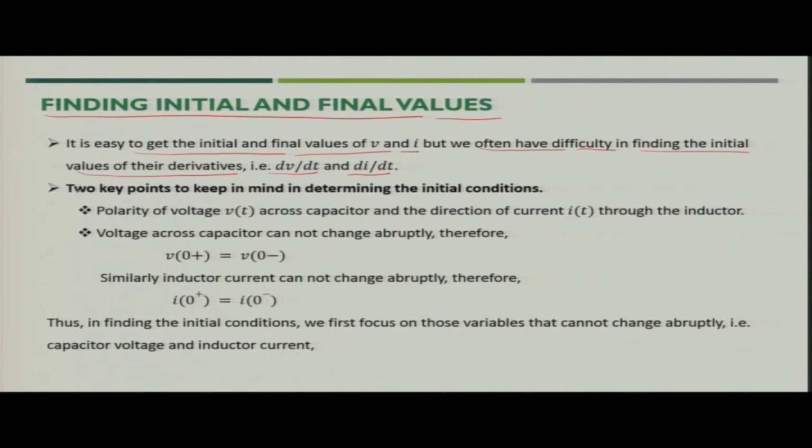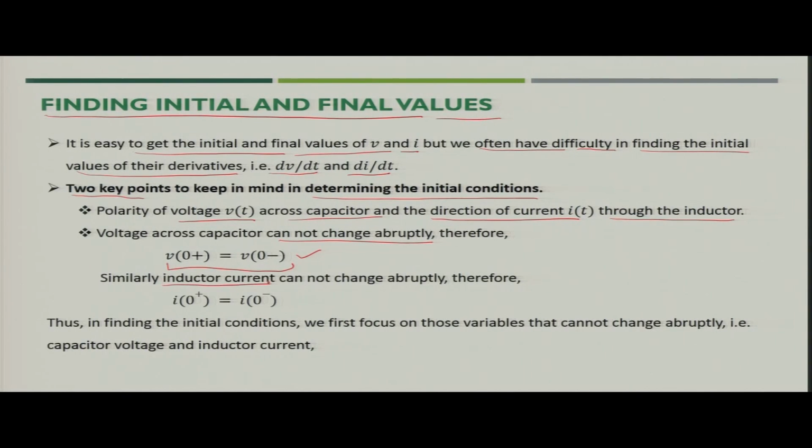We have to keep two major points in mind while we determine the initial conditions. First, we must always keep in mind the polarity of voltage v(t) across the capacitor and the direction of current through the inductor. Then, voltage across the capacitor cannot change abruptly, so voltage at the 0 minus instant equals voltage at the 0 plus instant for a capacitor.